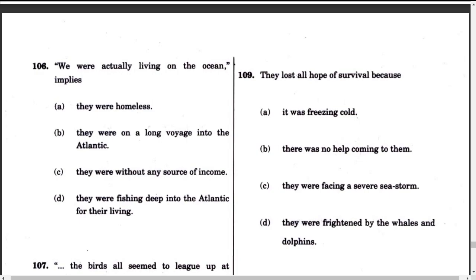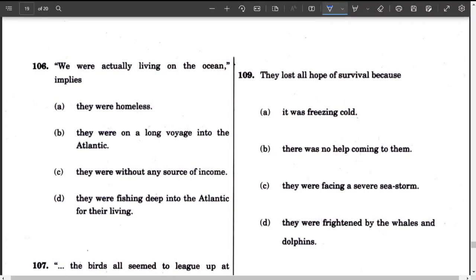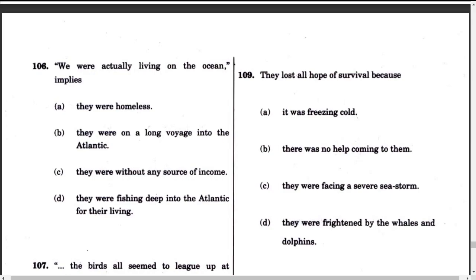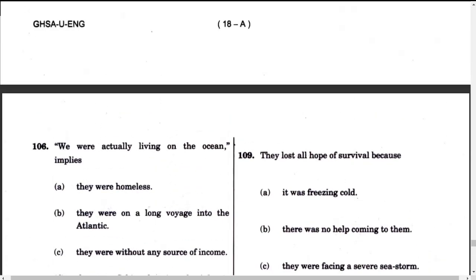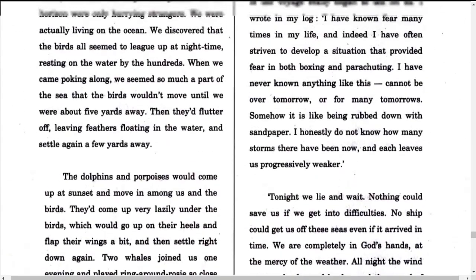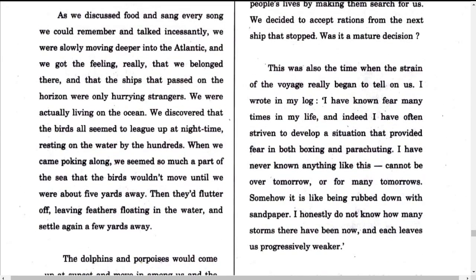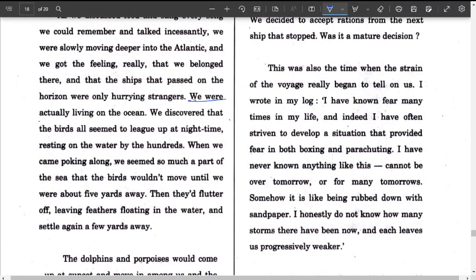Okay. Now we have this question, 106. We are actually living on the ocean. What does it imply? That means, what is the meaning of that statement there? Where is this here? See, we were actually living on the ocean.